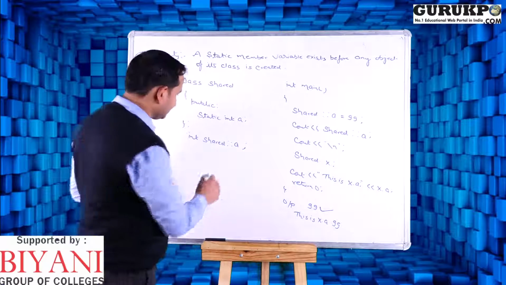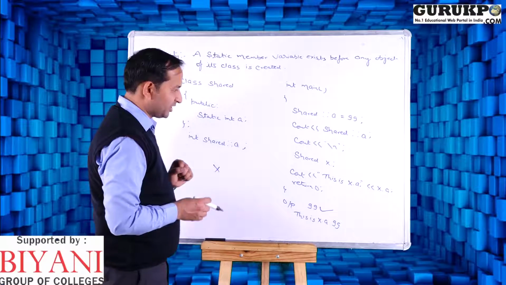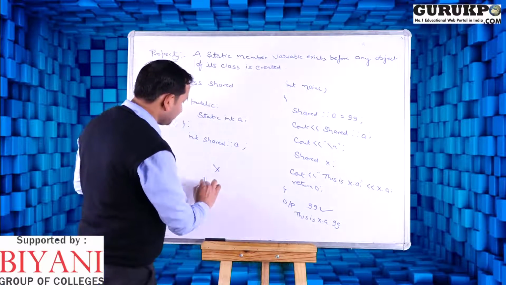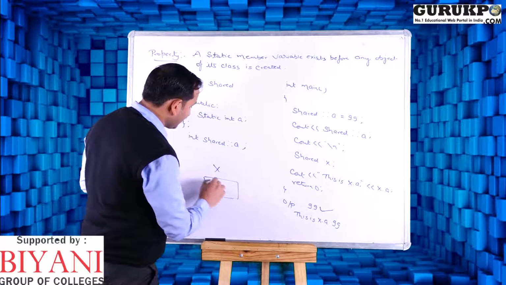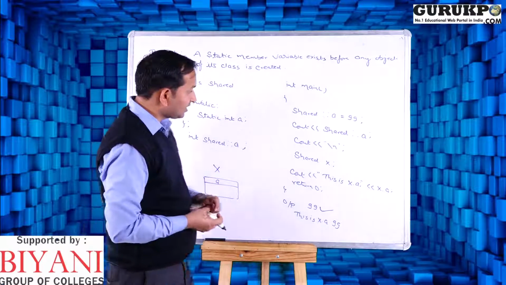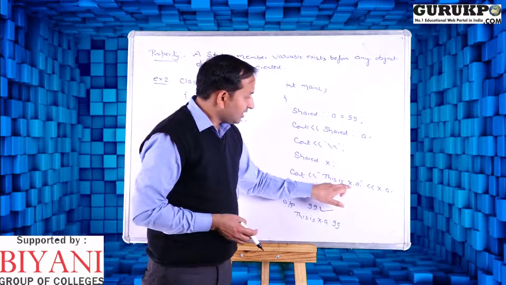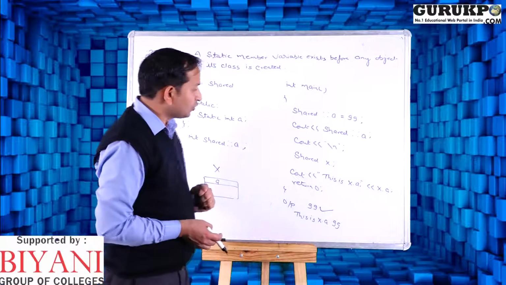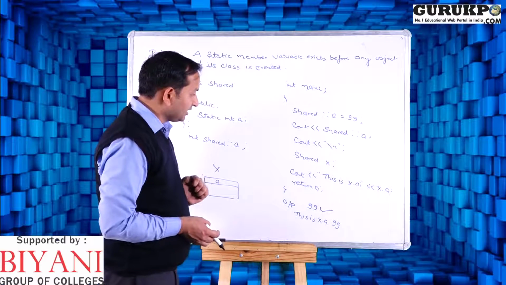Now x comes into the picture. Every object has a copy of the static member variable A. This is x.A and we are printing the value of x.A. So here we are printing the value of A, that is 99.